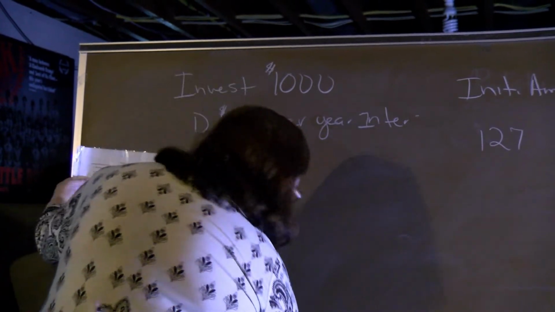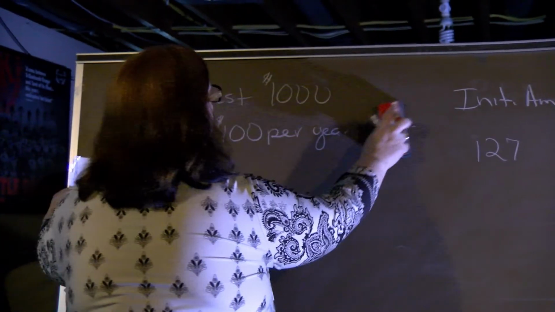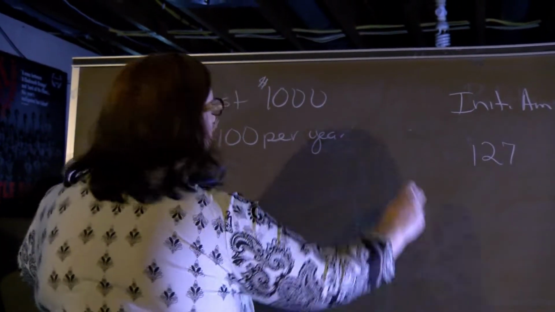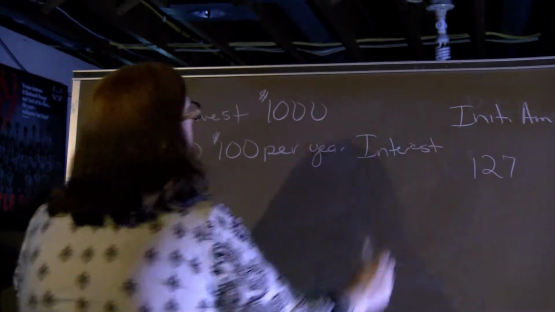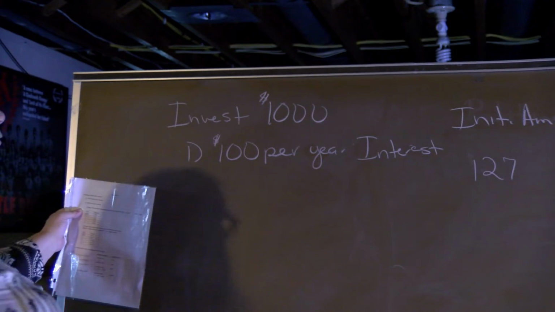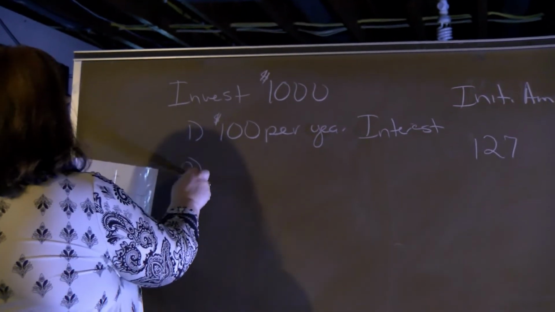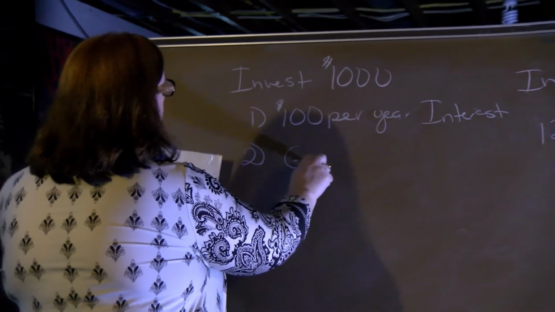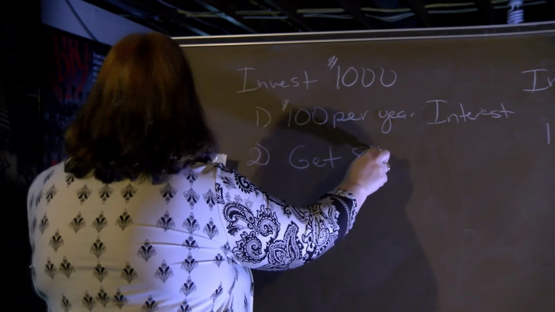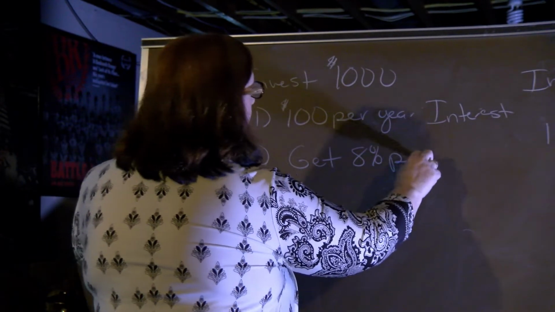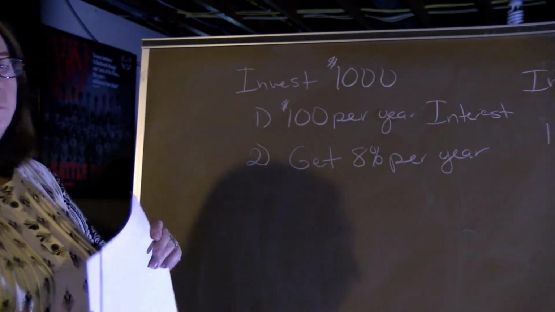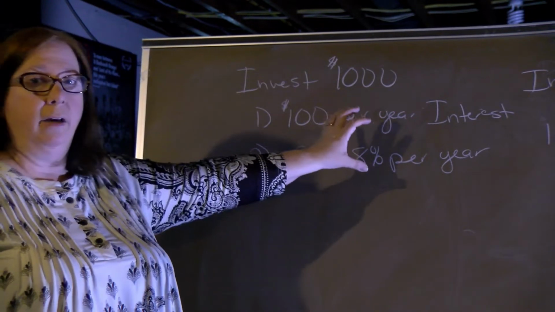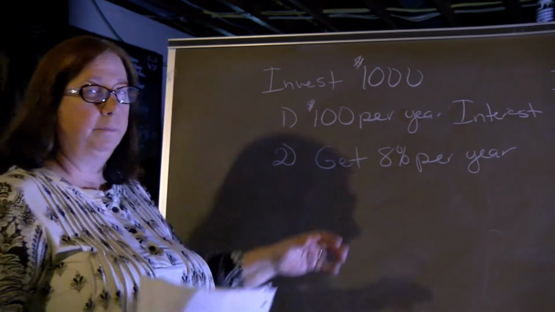I can't spell today. So we're getting $100 a year interest, or we could put it into a different account and get 8% per year. So two different accounts, we want to see which one is better.